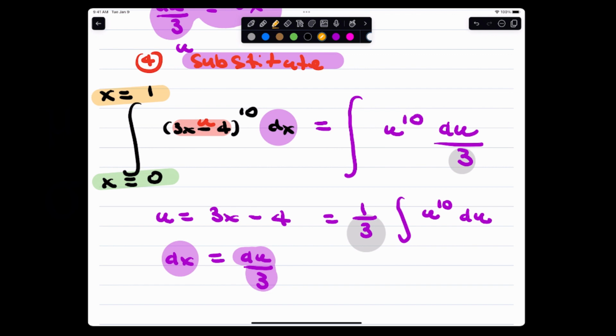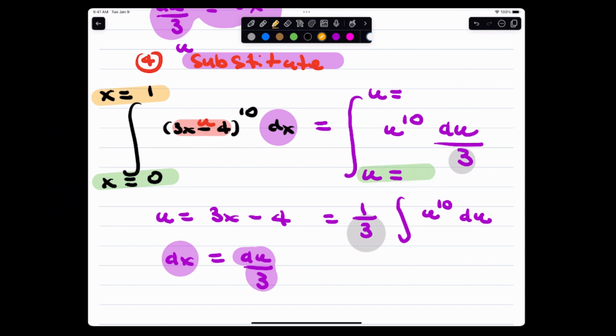So here's what I want you to see. I got to also change my limits. My lower limit and my upper limit. I have to convert them from x to u. So keep an eye.